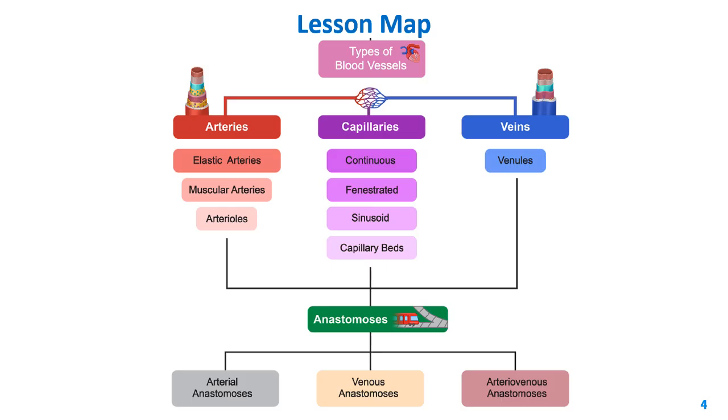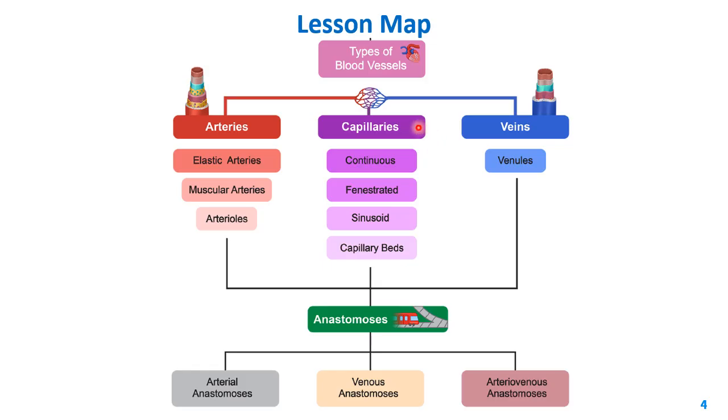So here is a very cool lesson map that I also just borrowed from that Pearson worksheet, right? And the way that it is organizing the topic is that we have mainly 3 types of vessels to focus on. The first one is the arteries and the different subcategories of the arteries.